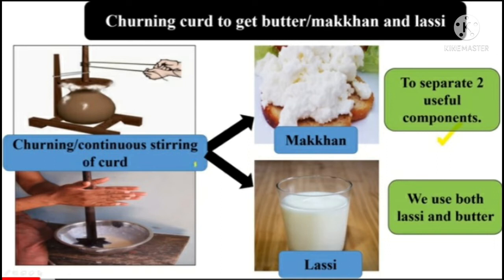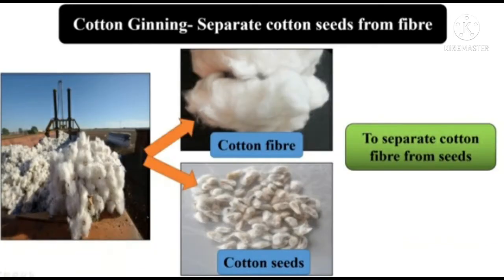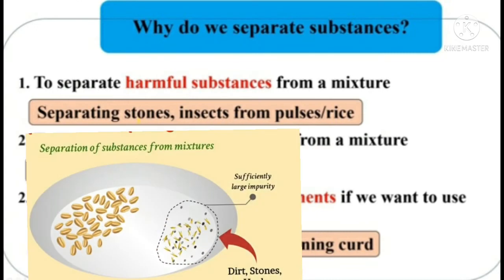But in separation of cotton, we separate cotton fiber from the cotton seeds, as you have already studied in chapter number 3, fiber to fabric. This method is ginning. The question arises here, why do we need to separate substances?